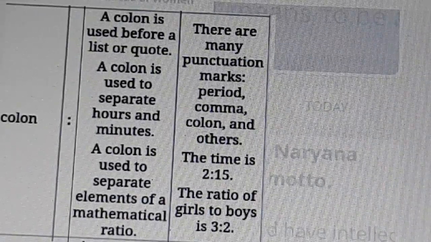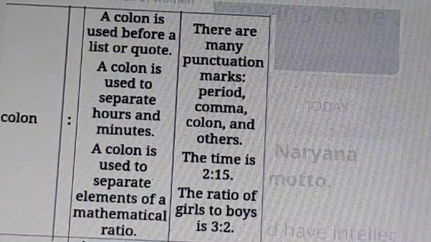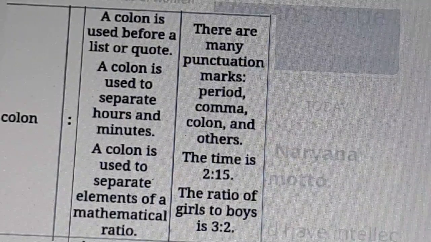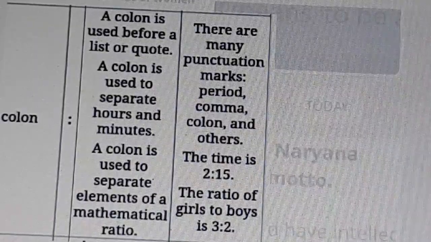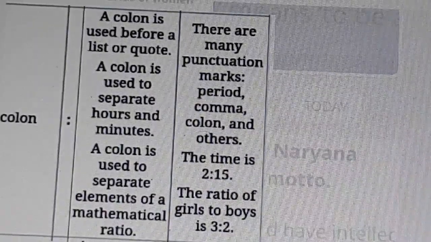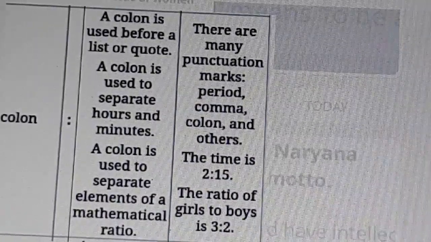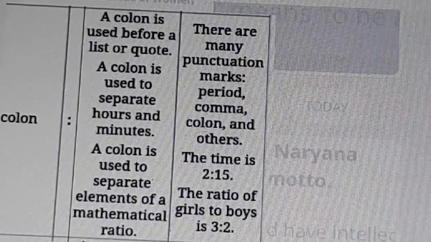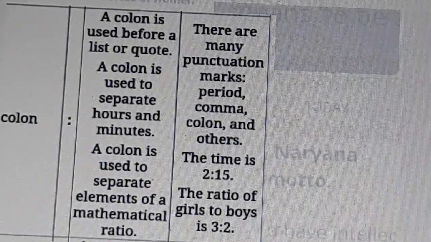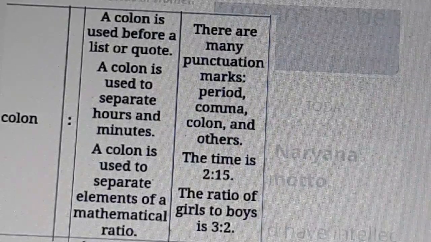Here there are the punctuation marks, period, comma, colon and others. Before that we put a colon. It is used before a list or quote.